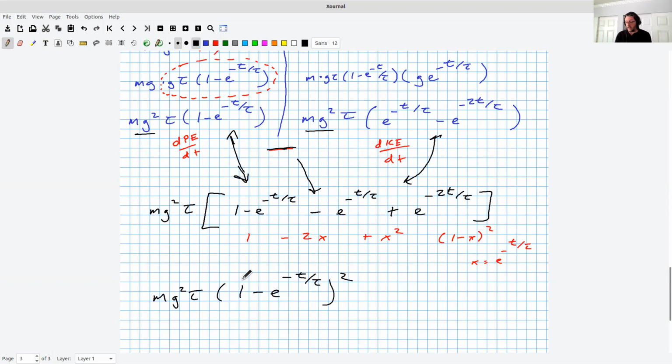Therefore, in the long time limit, the rate at which heat is generated is mg squared tau, whatever that is, and you can plug those numbers in. So there we go. That is the whole problem. Key is thinking about how fast does the kinetic energy change, how fast does the potential energy change, what should the relationship between those be if there wasn't any friction, and what is it in this case when there is air resistance, and there you go.